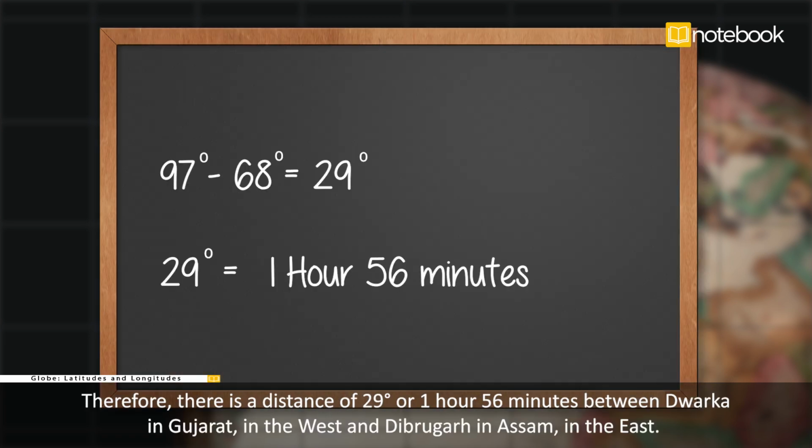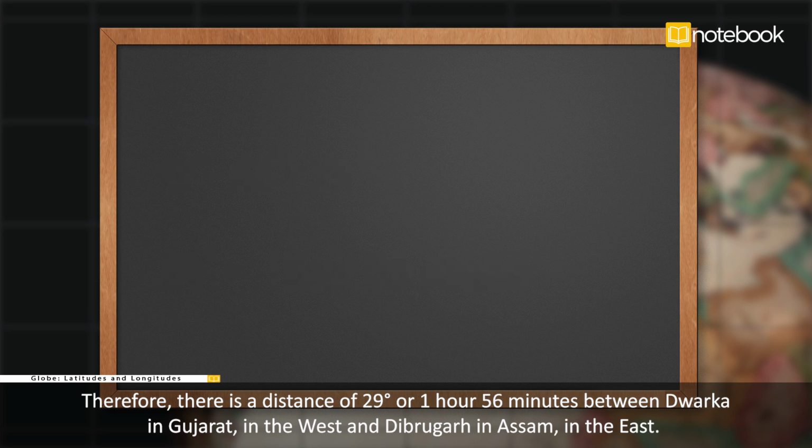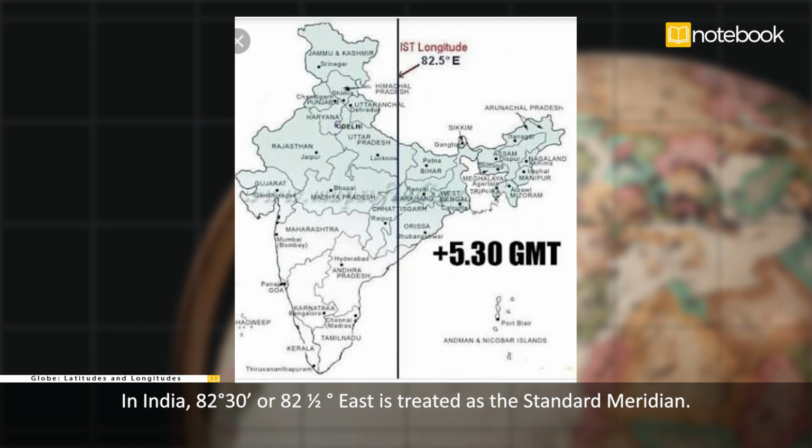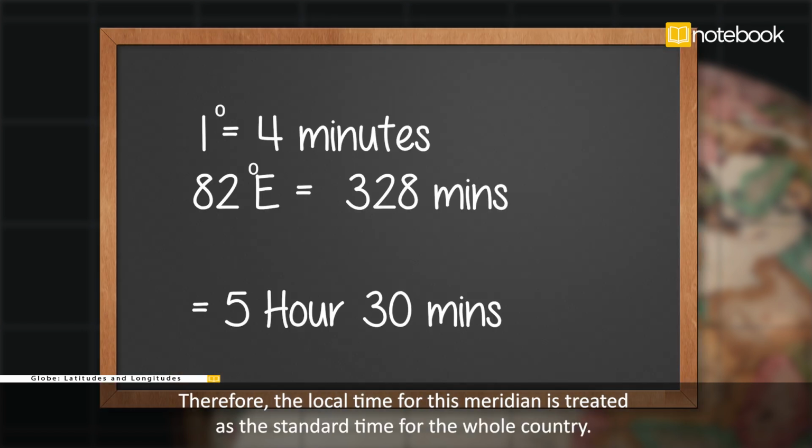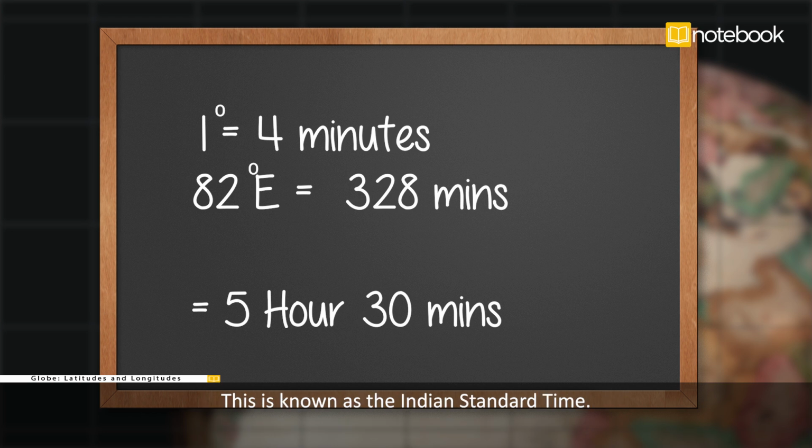Therefore, there is a distance of 29 degrees or 1 hour 56 minutes between Dwarka in Gujarat in the west and Dibrugarh in Assam in the east. In India, 82 degrees 30 minutes or 82.5 degrees east is treated as the standard meridian. Therefore, the local time for this meridian is treated as the standard time for the whole country. This is known as the Indian Standard Time.